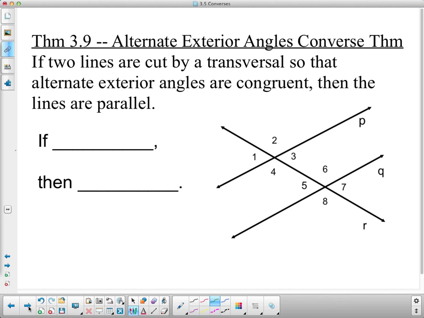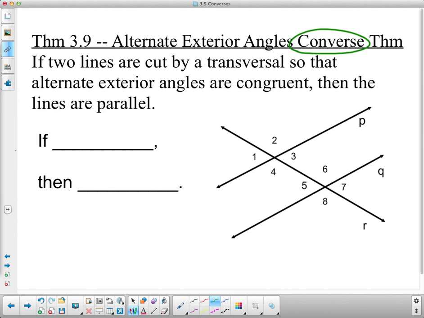If 2 lines are cut by, yeah, you need to make sure you say converse. I don't think I circled that on the last one. I don't learn them by number, mainly, because I teach out of 2 textbooks, and the numbers are not the same in both textbooks, so it gets real confusing.